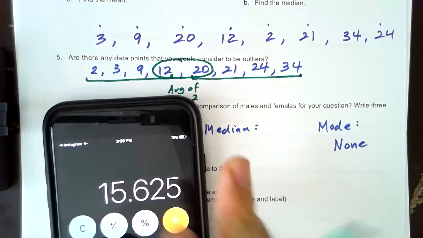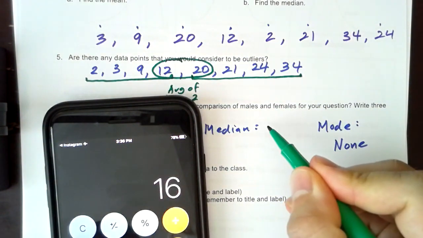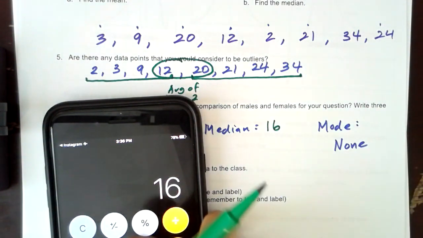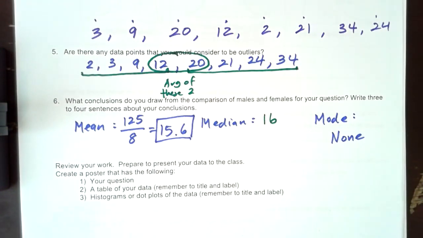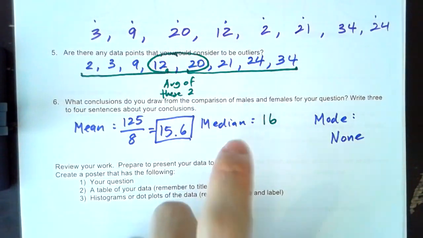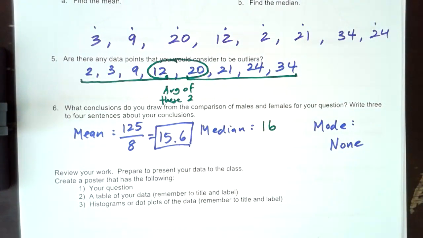Well, it's not a whole number, but, oh, actually it is. I can't believe I messed that up. 12 plus 20 is 32, and 32 divided by 2 is 16. And that is how you calculate mean, median, and mode, class. That was a very quick example, but I hope that all made sense.